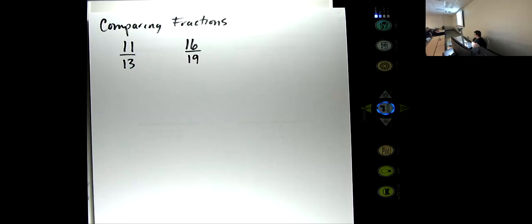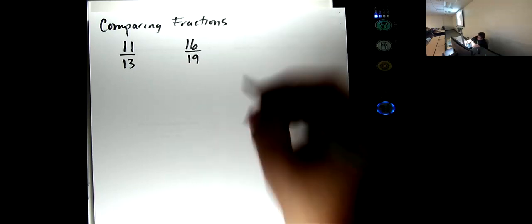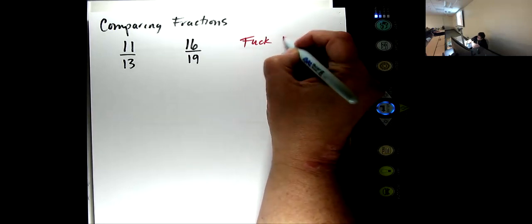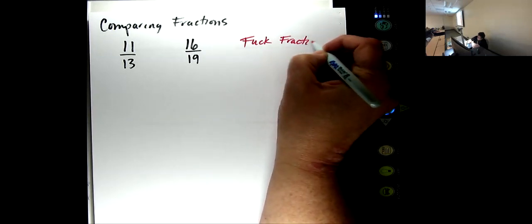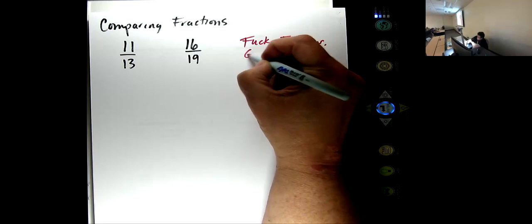Think of all the fun we've had with fractions right now. And I want to see that panic in your eyes. I want to see it. Panic for me. And then that way I can go, forget fractions. We're not comparing this by hand. Let's go to decimals.